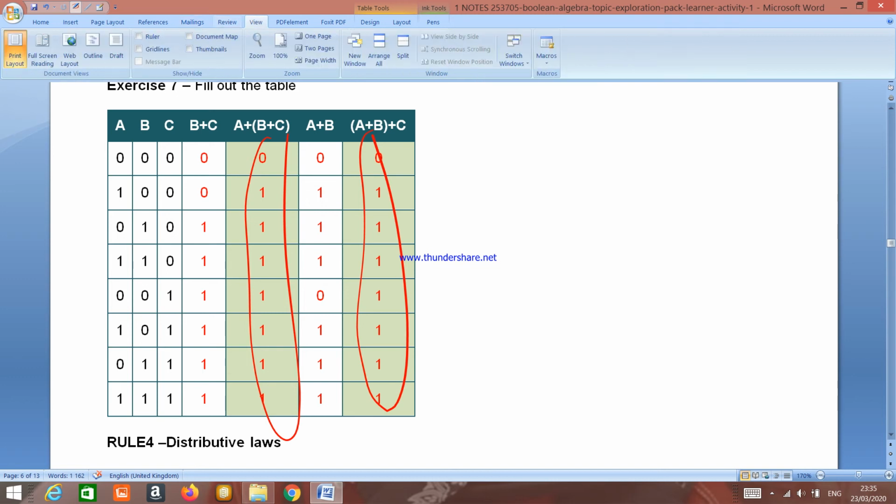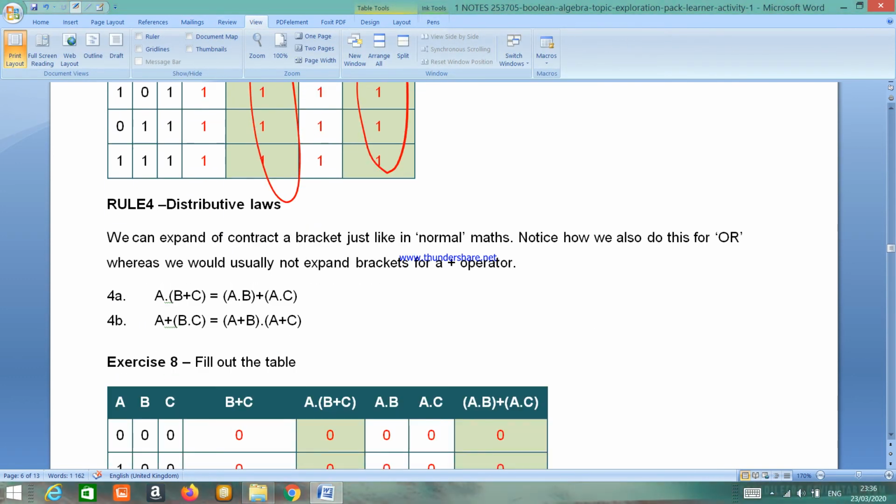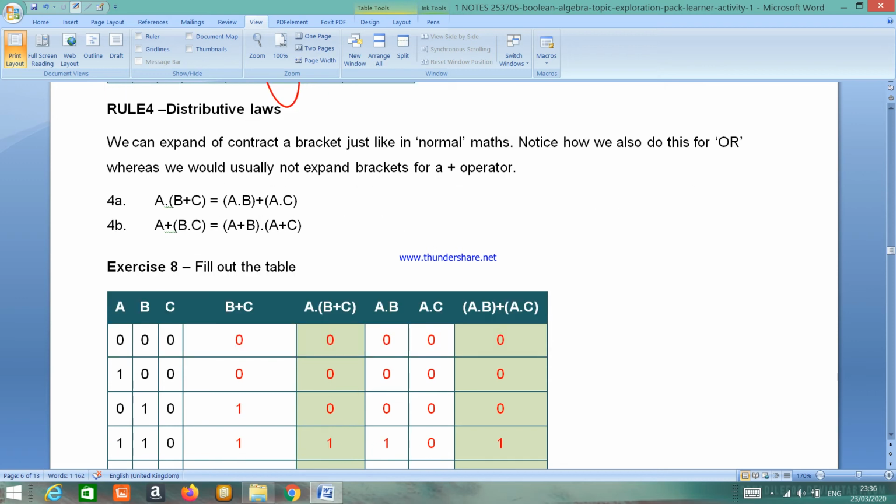Now next is our distributive law. Okay, bracket can be here. Distributive law, this one and this one.